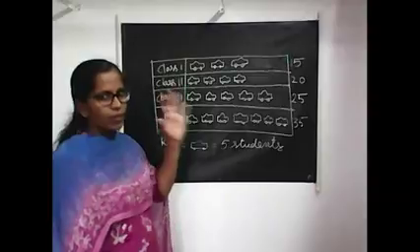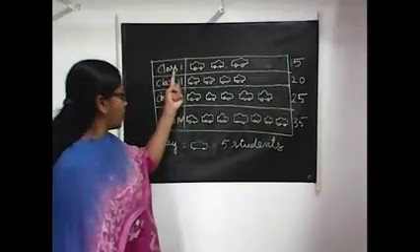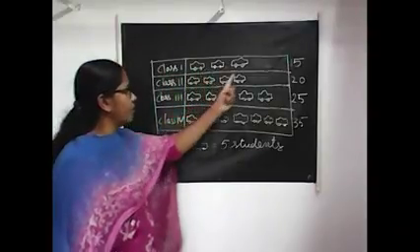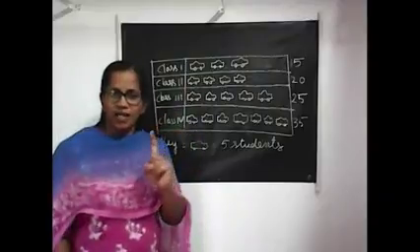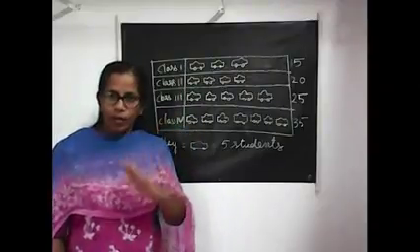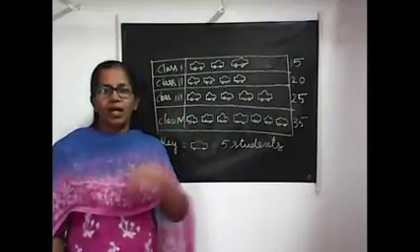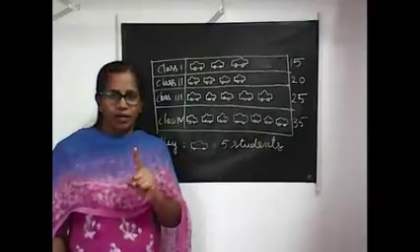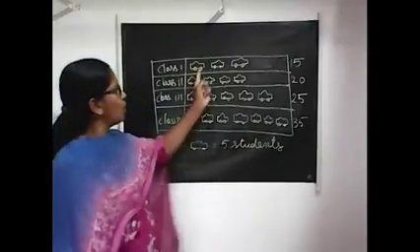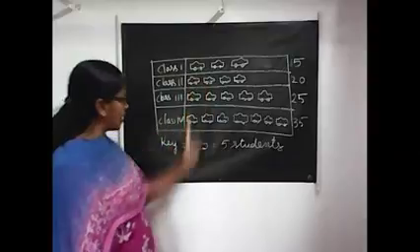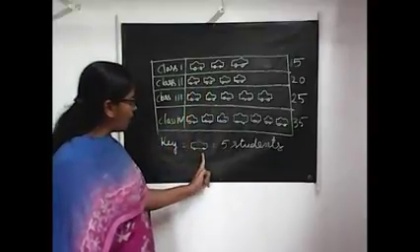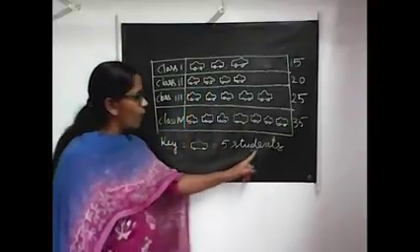Okay, listen well, then it will be clear for you. Class 1, they are saying that 3 symbols of car are given. That is the number of students who come by car in class 1. So count how many students. They have given the key: 1 car is equal to 5 students.